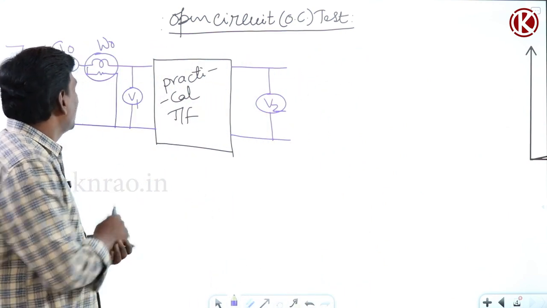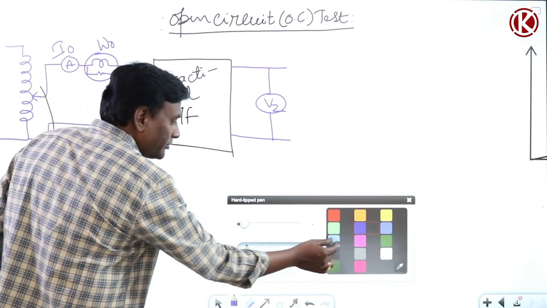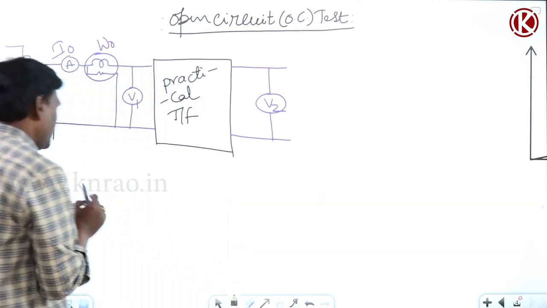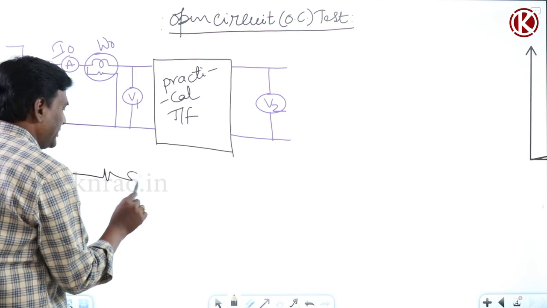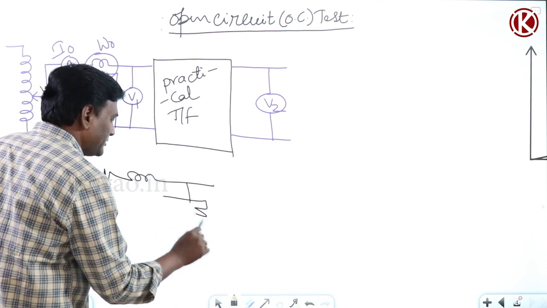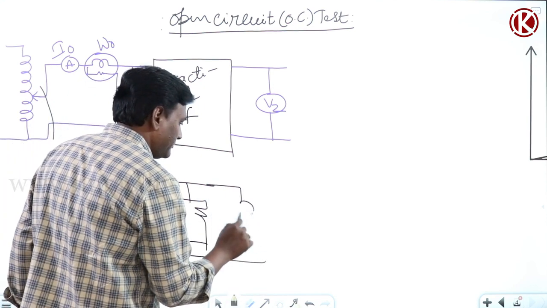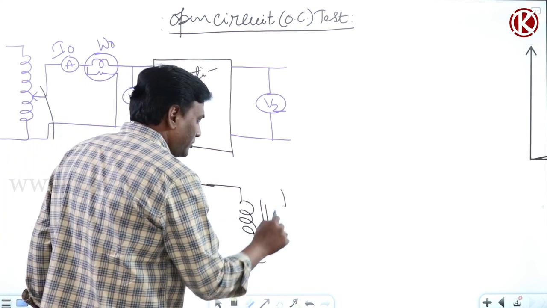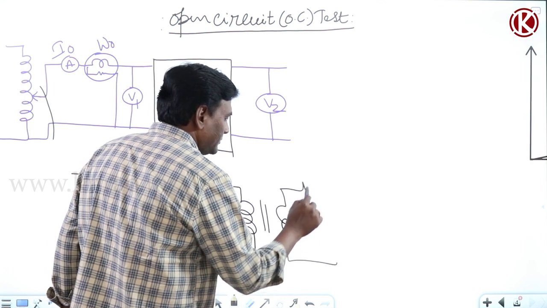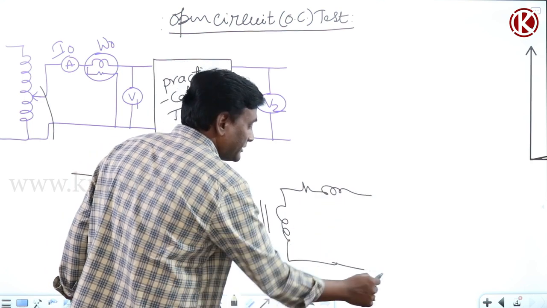For example, see here, our equivalent circuit of the OC test is this. In this we have resistance and leakage reactance like this.